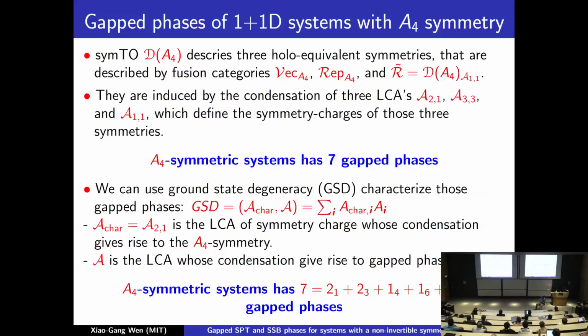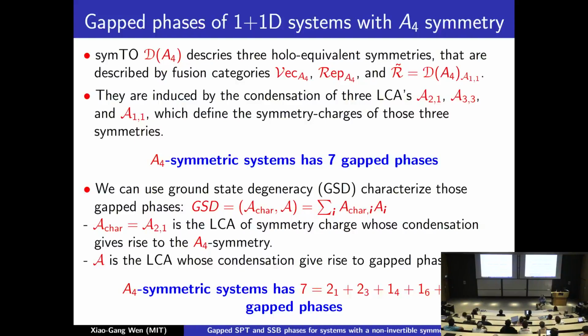And then how to view this physically. Because we have 3 orbits, that means the A4 quantum double actually describes a whole equivalence class of symmetries, and this equivalence class has 3 symmetries. The A4 symmetry is one, that's Vec A4. Certainly Rep A4 is another symmetry.